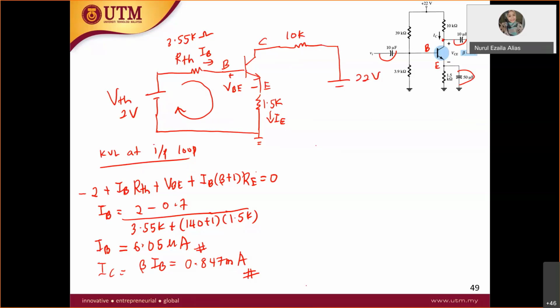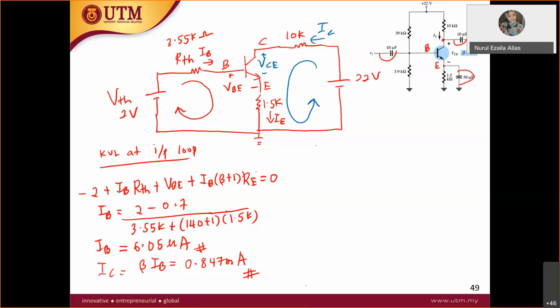And then this negative will go to the ground. So you have IC here, and at the bottom part you have IE. This is your KVL. Don't forget to put the notation for VCE.